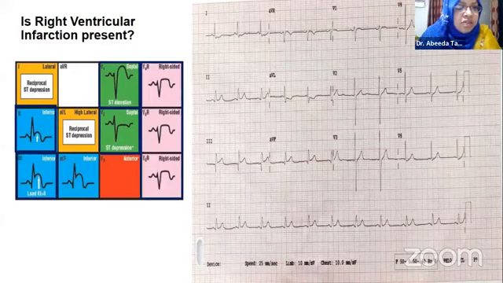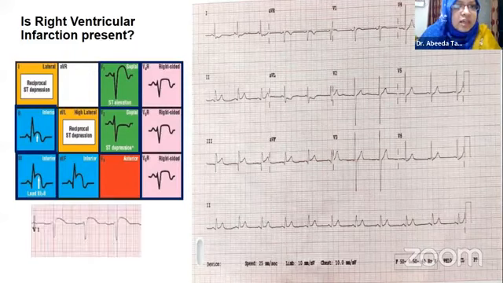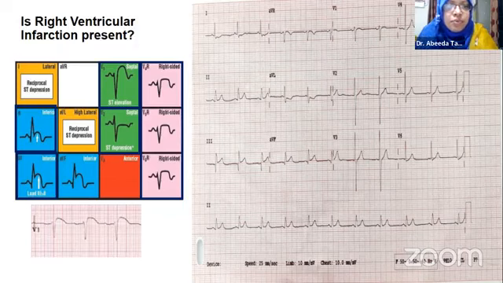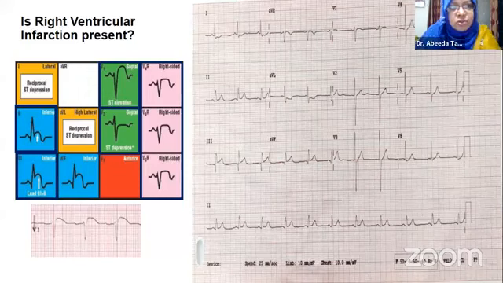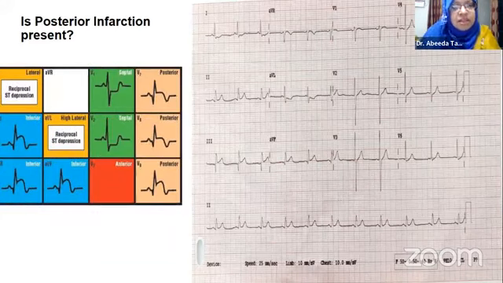If in the left-sided ECG there is ST elevation in V1 and ST depression in V2, then we can suspect that the patient has RVI. Here, as we can all see, there is no ST elevation or ST depression in V1 and V2 respectively. So we can think that there is no RV infarction present in this case.